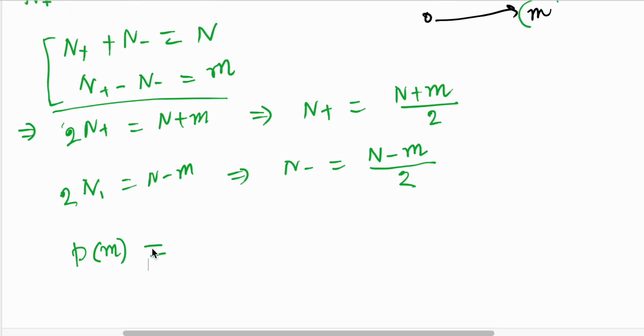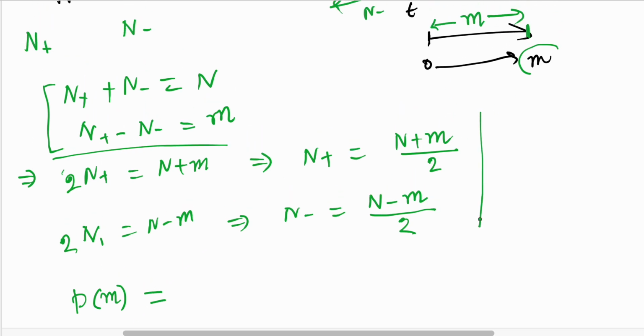To do so, I have to remind you of a simple problem: if there is a coin and you toss it multiple times, suppose n times, what is the probability that out of these n tosses you get n plus heads?